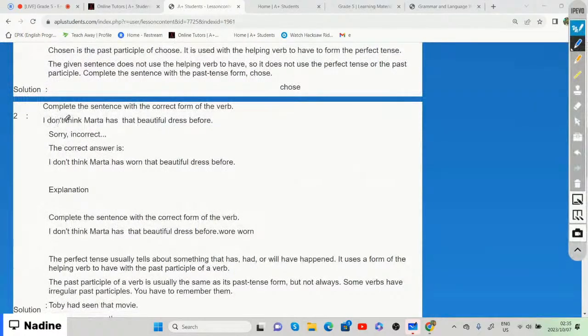I don't think Martha has that beautiful dress before. We need to choose between wore or worn. So I don't think Martha has wore that dress before, or I don't think Martha has worn that dress before.